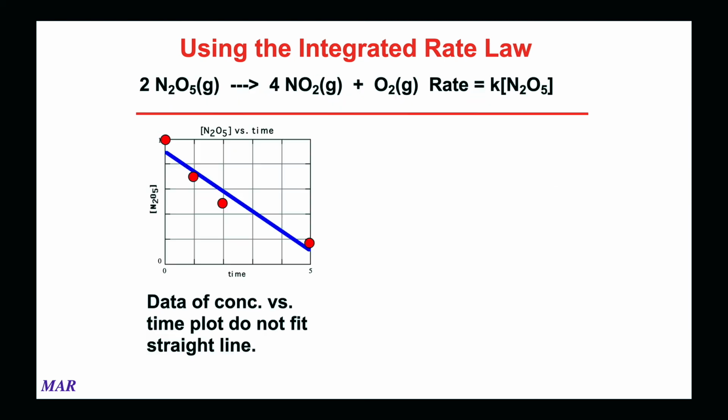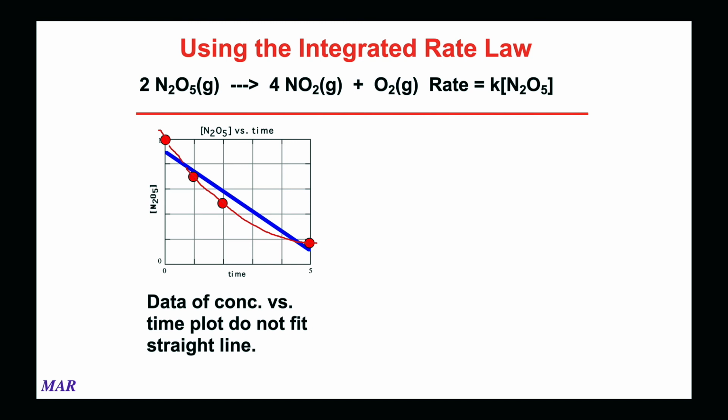If you do need natural log of those numbers, just natural log of 0.173, that comes out to be negative 1.75, etc. If you plot the concentration of N2O5 versus time, it doesn't come out to be very straight. And hopefully you can kind of see here that the N2O5 is kind of curving. And scientists really like to have straight lines because straight lines mean you can do equations, all right?